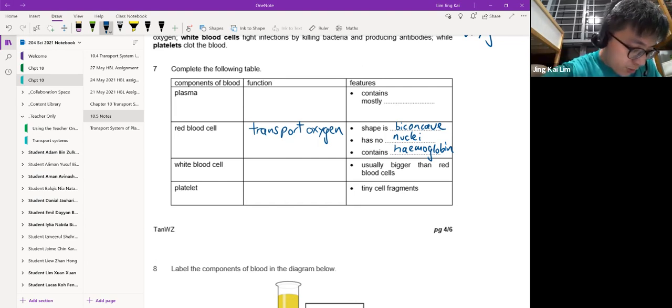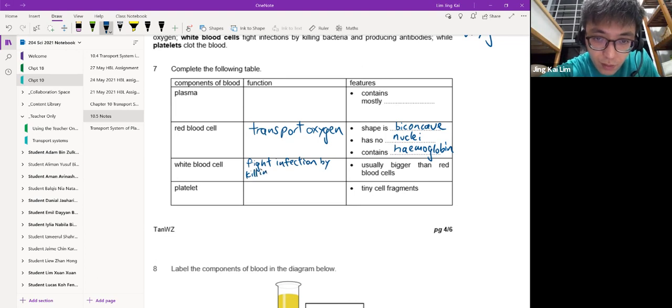White blood cells are the defenders of the body. They fight off infection by killing the bacteria and producing antibodies.